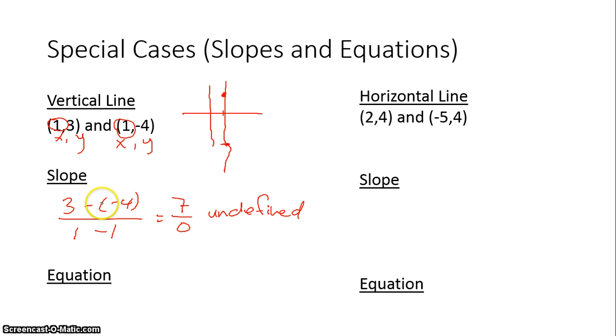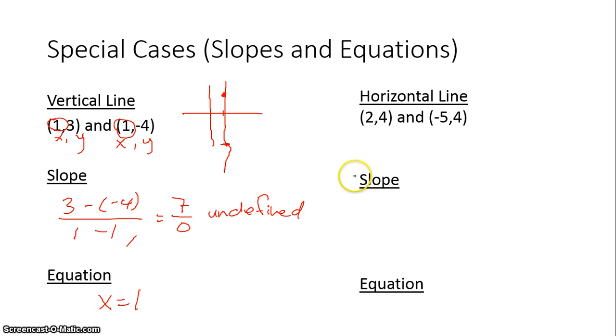And the equation for that is, since we have every x value equal to 1, and you can tell anything up and down this vertical line, x would equal 1. Our equation is that simple, x equals 1. And that'll always be a vertical line.